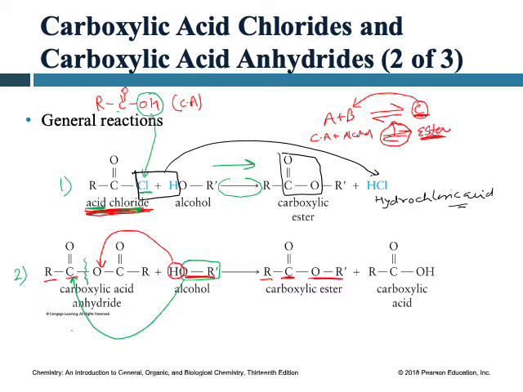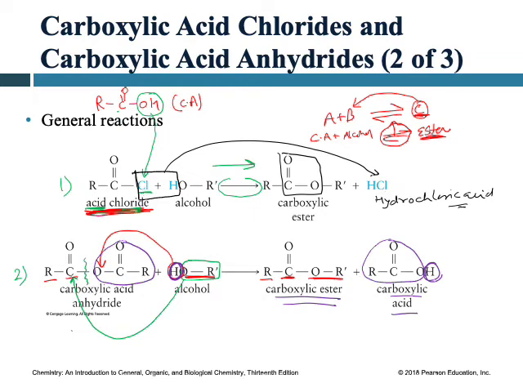Whereas in the second product, this is the part RC double bond O negative, RCOO negative, and this hydrogen from the alcohol is this one. So you're going to make a carboxylic acid with an ester. So remember the difference between these reactions and the carboxylic acid reaction with alcohol. In the carboxylic acid and alcohol reaction, you were making two products: one is an ester, another one is water, H2O.